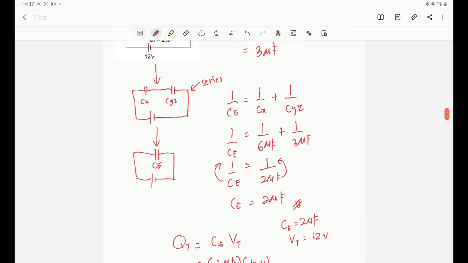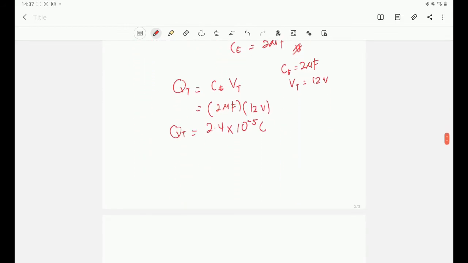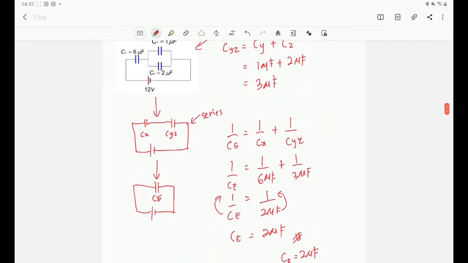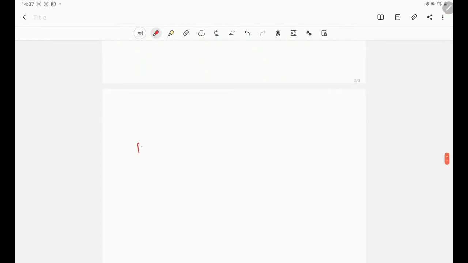So what else? Find. So for Vx, okay, let's see. So we look into the Cx first. So the diagram is like this.